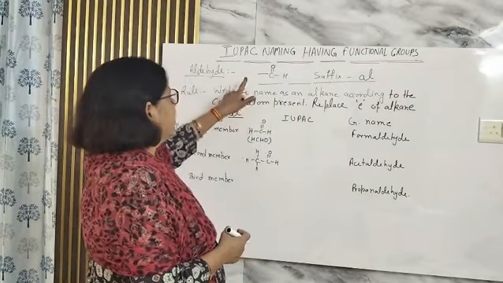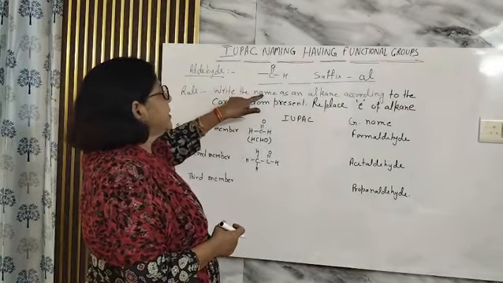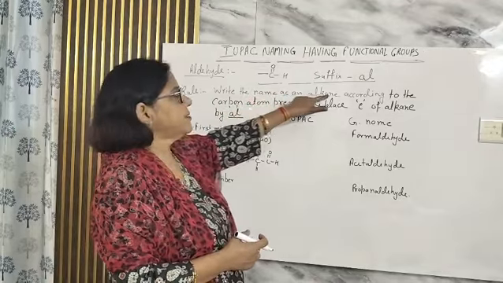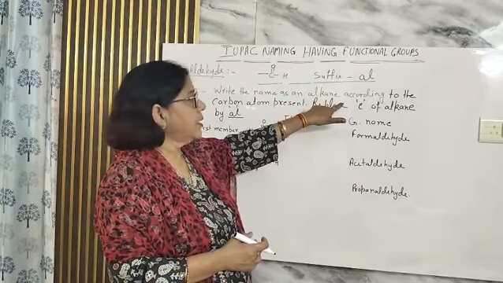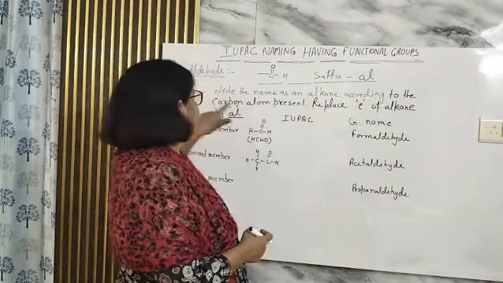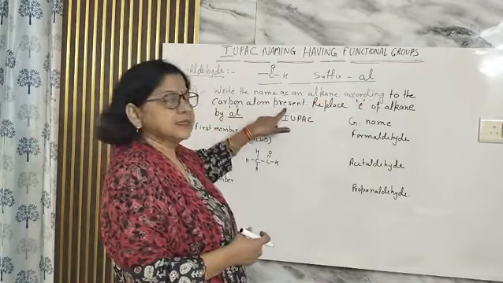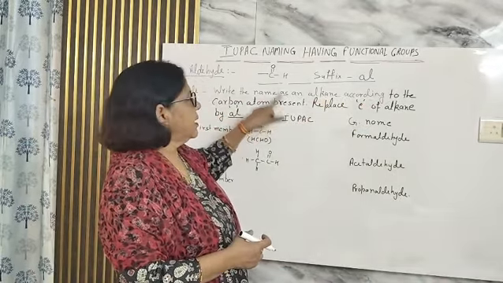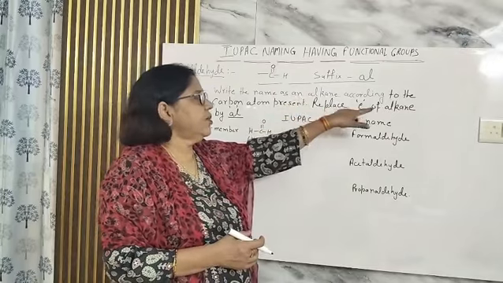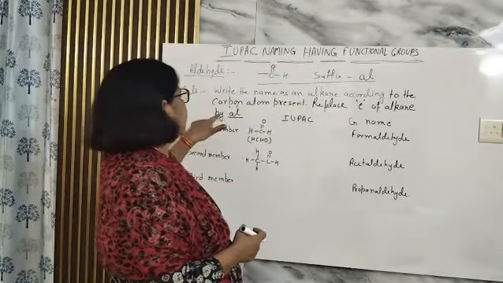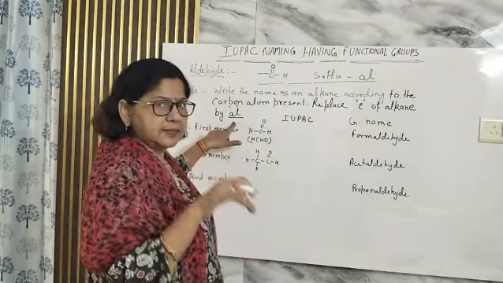Fine. Now what is the rule? Write the name of the chain as an alkane according to the carbon atoms present. Fine. And then replace E of alkane by al. See the example.